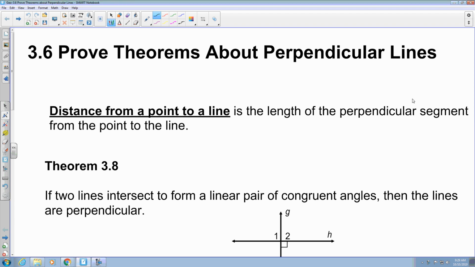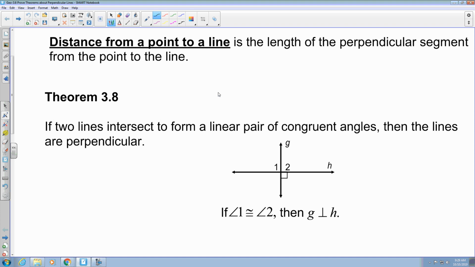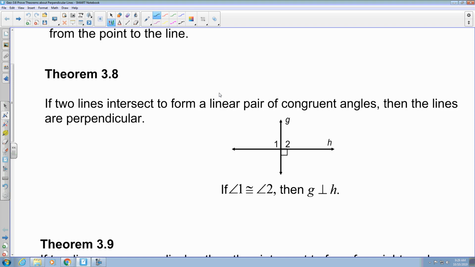All right, we're in section 3.6 where we're going to prove theorems about perpendicular lines. Just like when we talked about lines being parallel, there were postulates and theorems that helped us prove those lines are parallel.